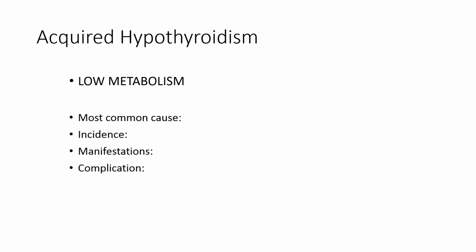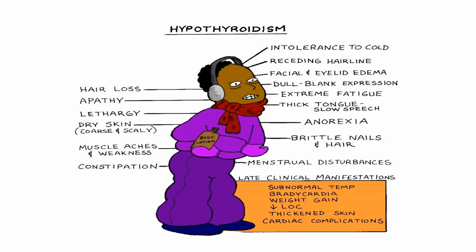So, the manifestations. Slower. I want you to remember that. In hypothyroidism, everything is slower. Some of the big signs and symptoms that you're going to see are weakness and fatigue. They gain weight, even though they have no appetite. They can't handle the cold weather; they're very cold intolerant.